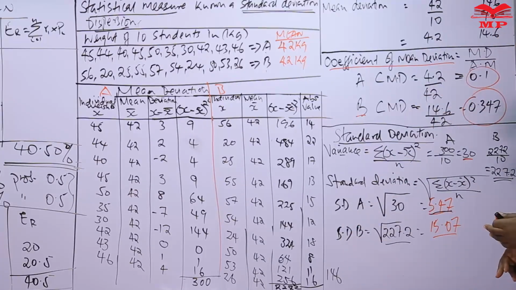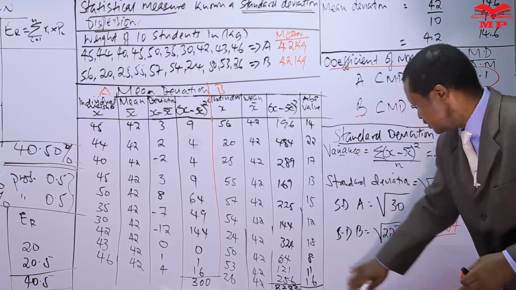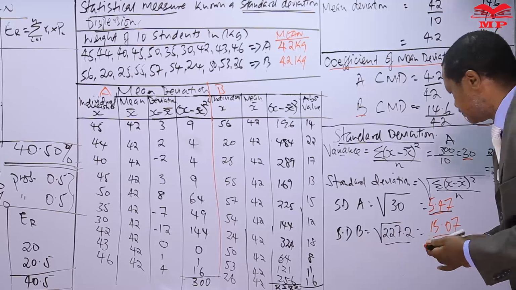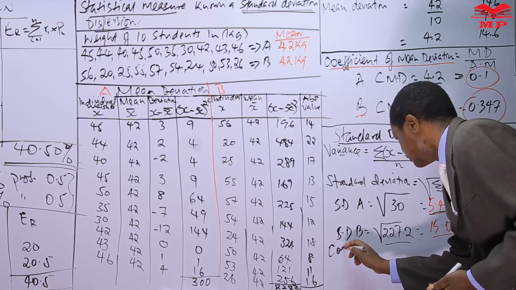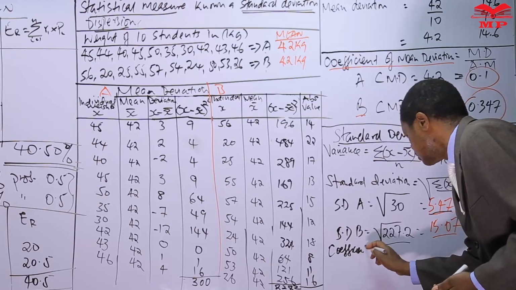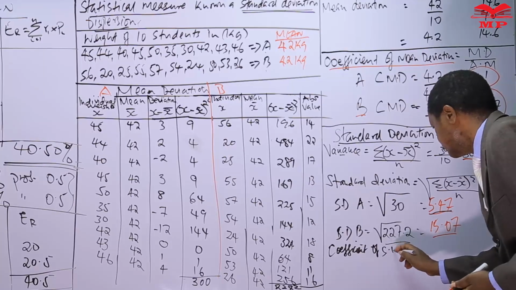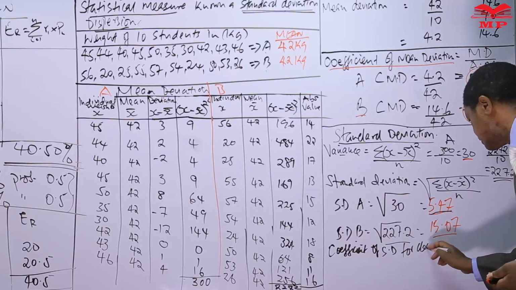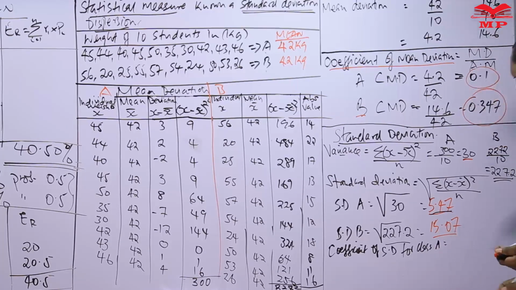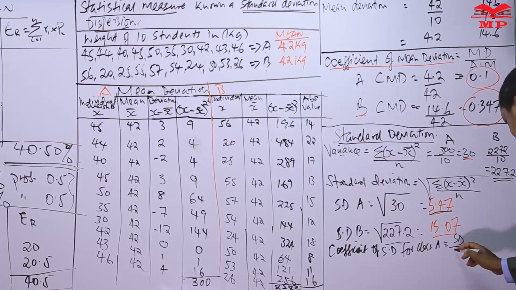So the coefficient of standard deviation for class A would be equal to the standard deviation over the mean.